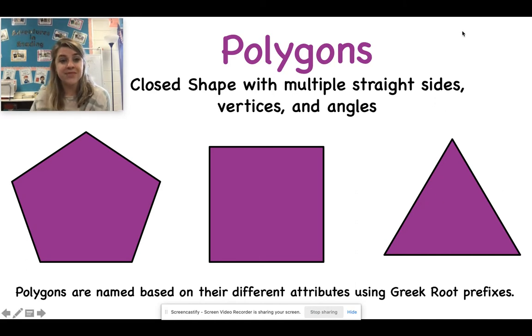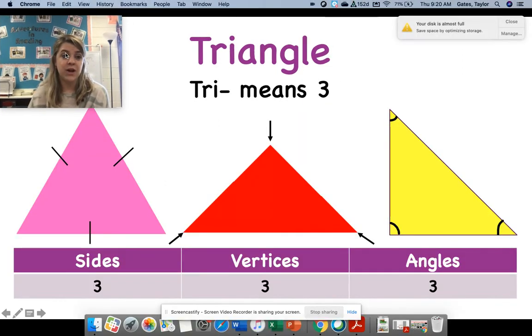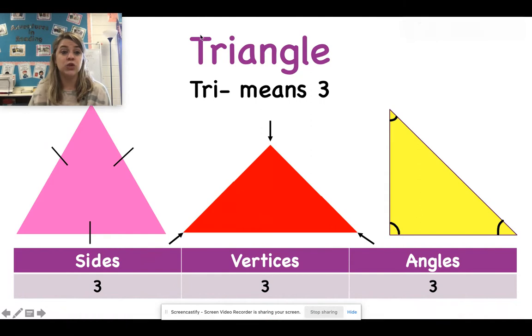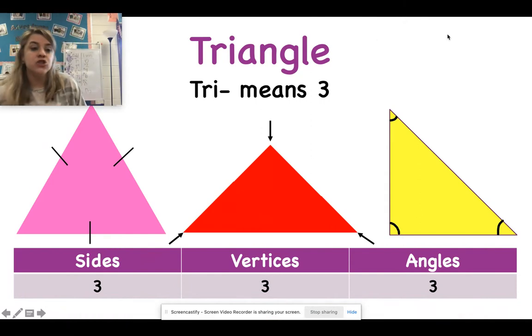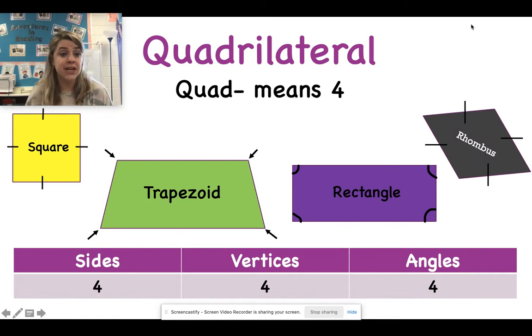Let's review what those Greek prefixes were. The first word that we have is triangle. We said that tri means three because a triangle has three sides, three vertices, and three angles. The next one that we talked about was quadrilateral, and we said that quad means four.